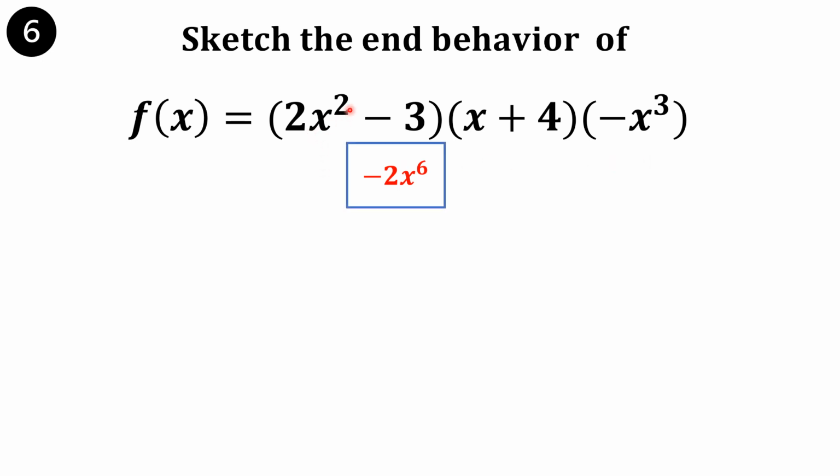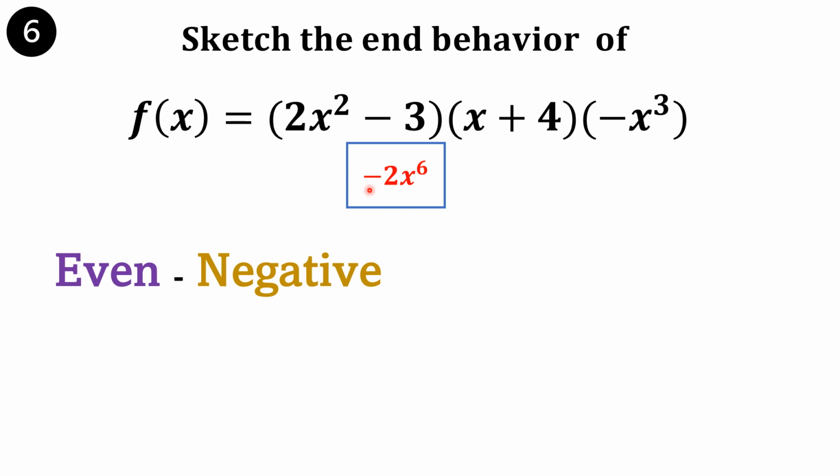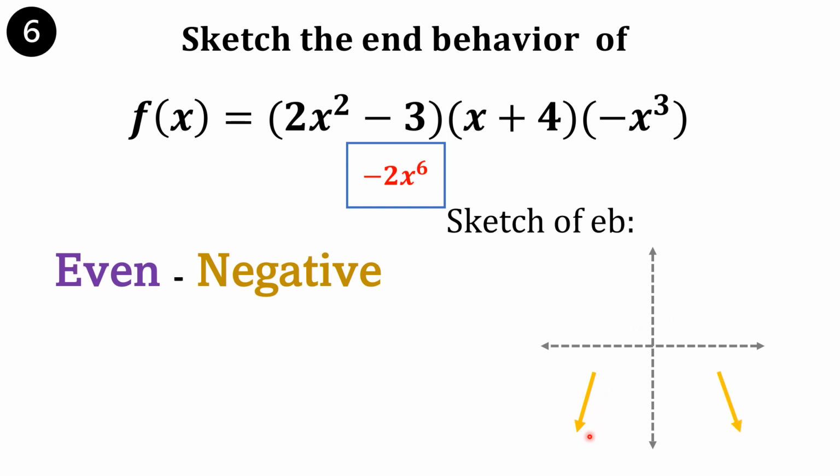That is 2x squared times x times negative x cubed, which is negative 2x raised to 6. So it's an even negative. Therefore, the sketch of the end behavior is falls to the left and also falls to the right.